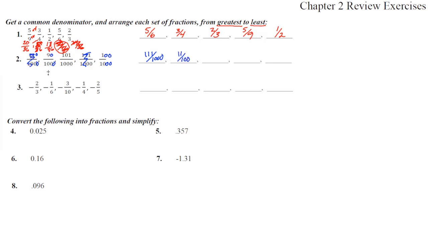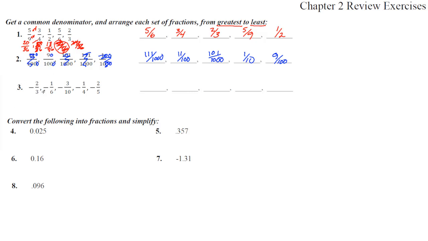That guy's gone. And then 101 over 1,000. Okay. And then 100 over 1,000, which is the same as 1/10. And then 90 over 1,000, which was 9/100ths. Good.